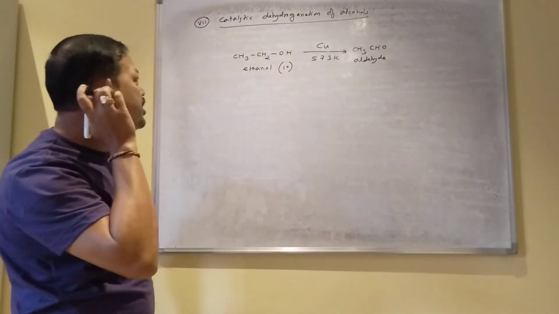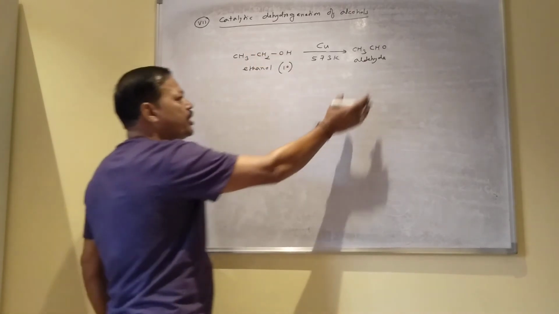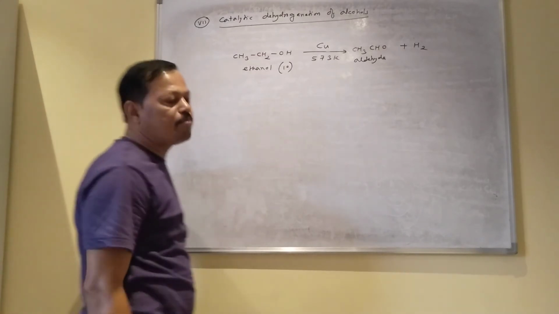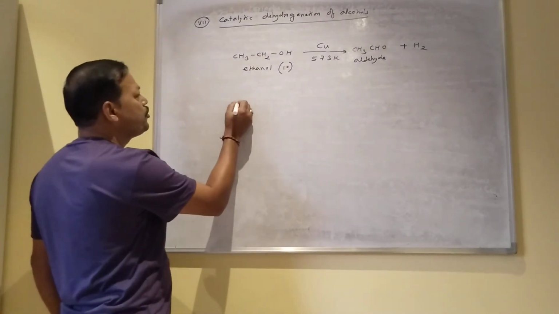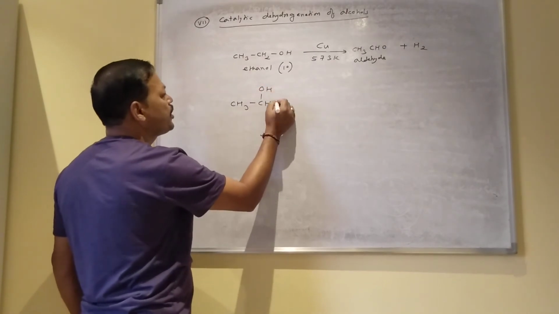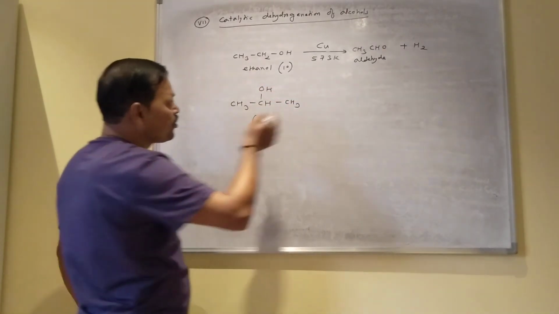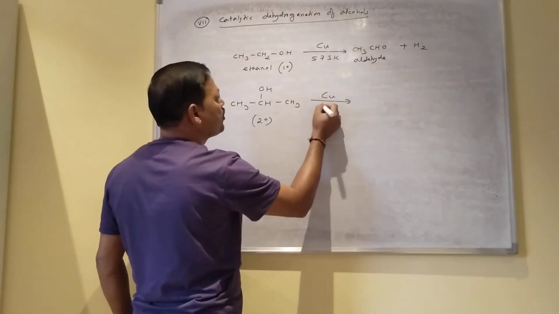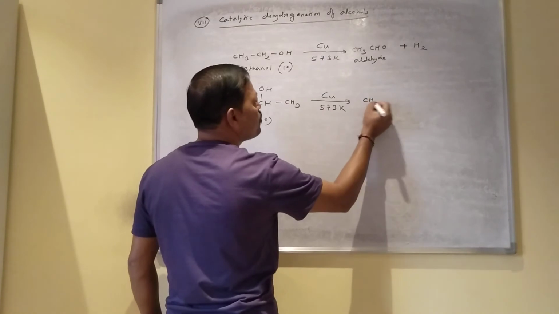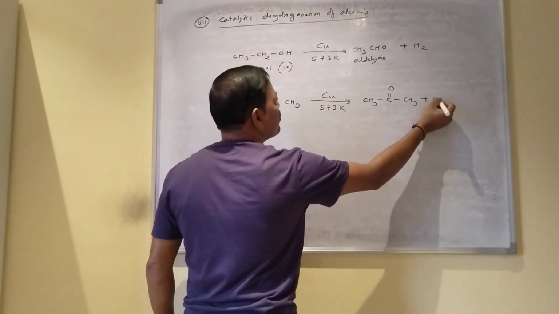When one hydrogen is removed from the oxygen and one hydrogen from the carbon, you will get the aldehyde as the product, and hydrogen is removed from the compound as the side product. Similarly, if you take a secondary alcohol, propan-2-ol, and apply copper at 573 Kelvin, hydrogen will be removed here also and you will get the ketone as the product.